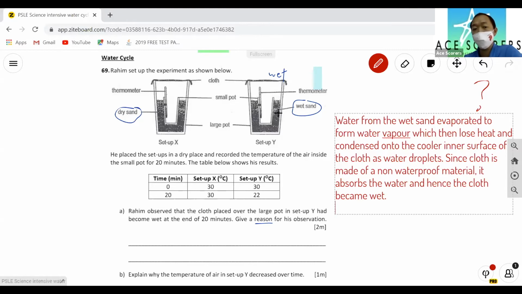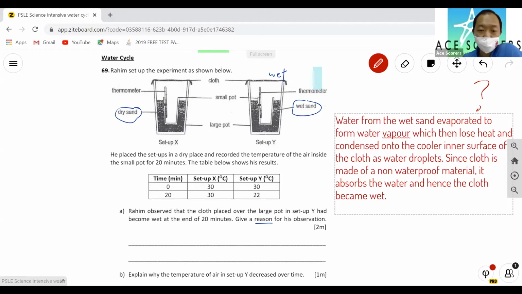So the water here evaporated to water vapor, lost heat, and condensed onto the cooler inner surface of the cloth. So when you touch this, it became water droplets. Since the cloth is made of fabric, you can just say that therefore it absorbed the water and the cloth became wet. Okay? That's all here. How about B?